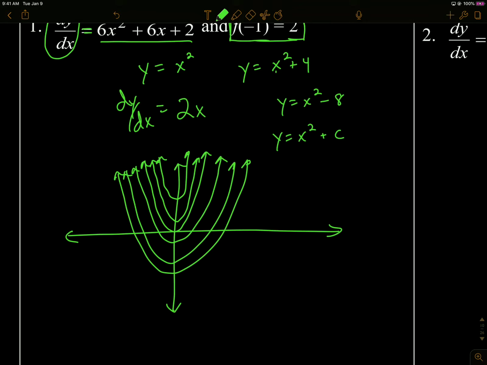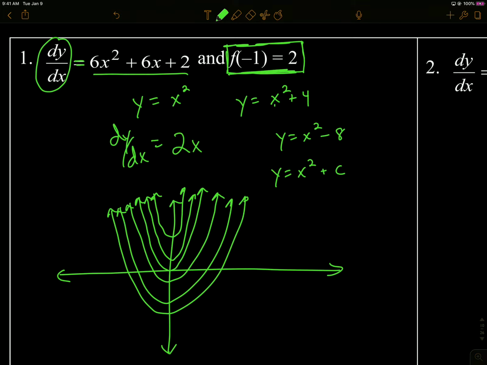And we don't know which one is the real curve until we use our initial conditions. So we can say it's the one that passes through, in this case, maybe I gave you initial conditions of the point 2, 4. So I'd find the curve that's got 2, 4 on it, and that's actually the parent function, right? Because if I plug in 2, I get 4. So this would be our winner, but I don't know the particular solution until I have that initial condition.